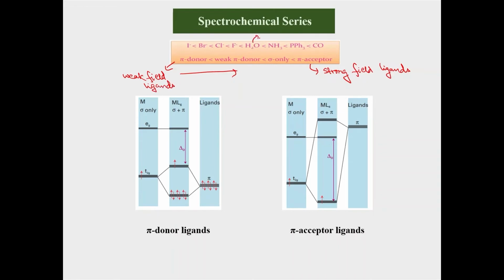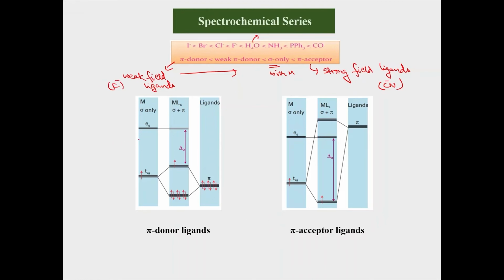And H2O falls somewhere in between, and it has only sigma type of interaction with the metal. CN minus is a strong field ligand, and fluoride is a weak field ligand.